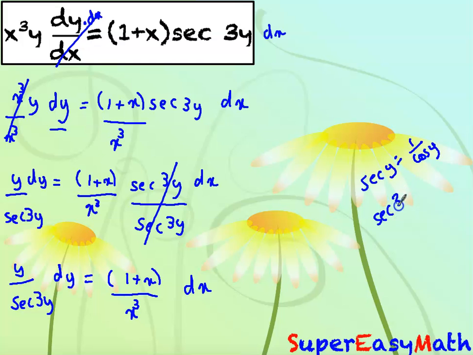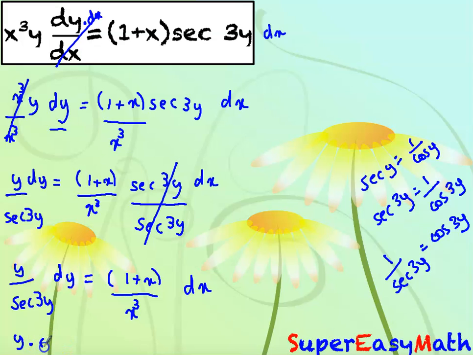And we know that secant y equal to 1 over cosine y. So secant 3y equal to 1 over cosine 3y. Here we have 1 over secant 3y. So 1 over secant 3y is equal to cosine 3y. So instead of y over secant 3y, we can write y times cosine 3y dy equal to 1 plus x over x cubed dx.